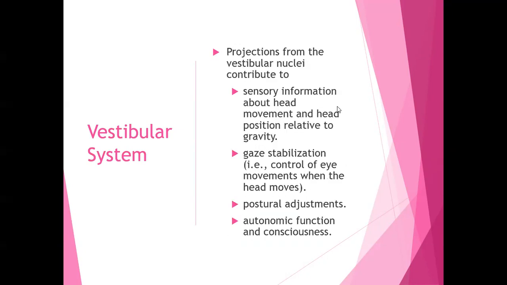So there are projections from vestibular nuclei that contribute to sensory information about head movement and head position relative to gravity, gaze stabilization, so controlling eye movements when the head moves, postural adjustments, and autonomic function and consciousness. And just like a lot of the systems that we've talked about, the vestibular system has a peripheral part and a central part.